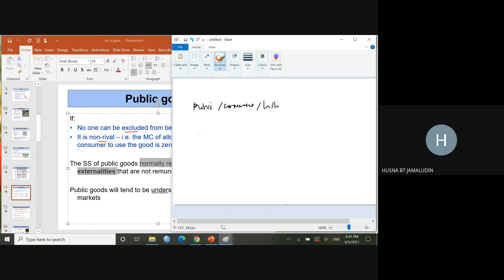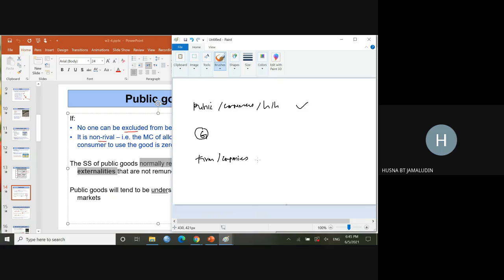And in the economy, you also have the government, and you also have a firm or company, right? So you are saying that the public may not have money to supply the public good because it is very expensive, so because of that, the government will take over.